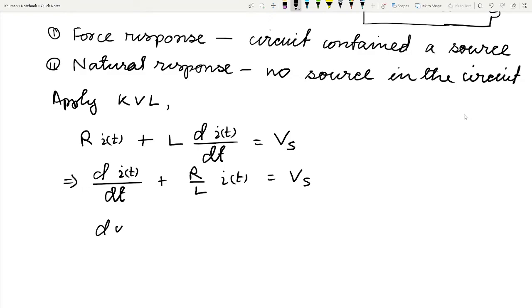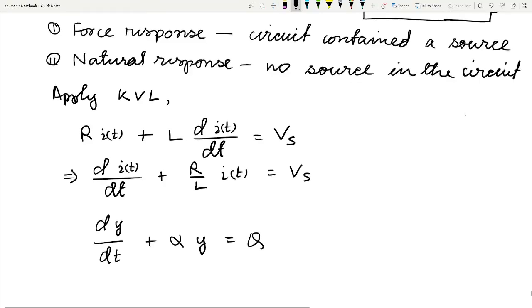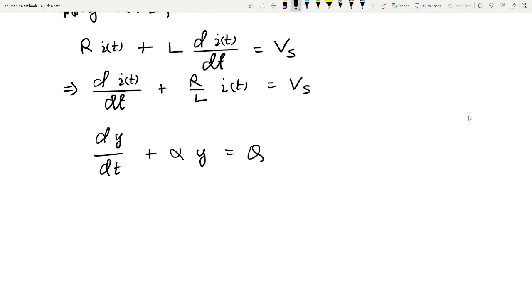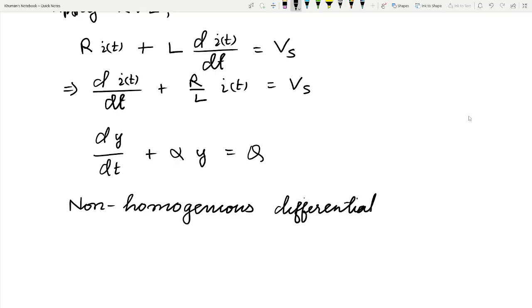Okay, so this equation can be compared with an equation like dy by dt plus alpha y equal to Q. So this equation is nothing but a non-homogeneous differential equation.